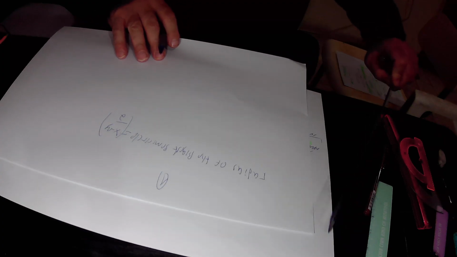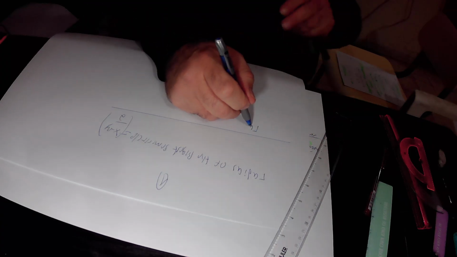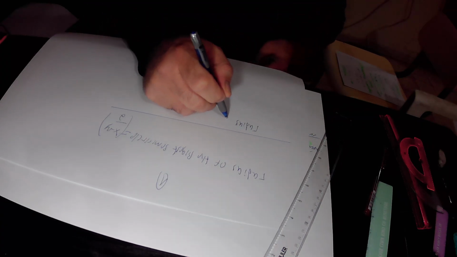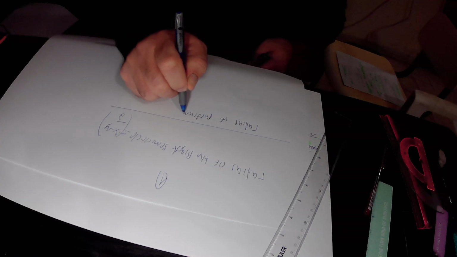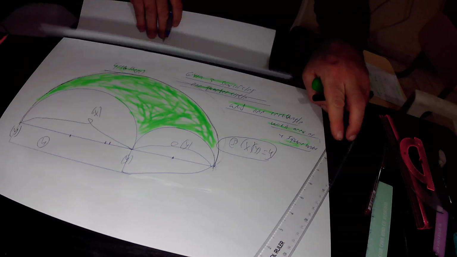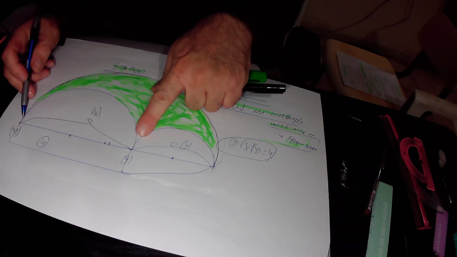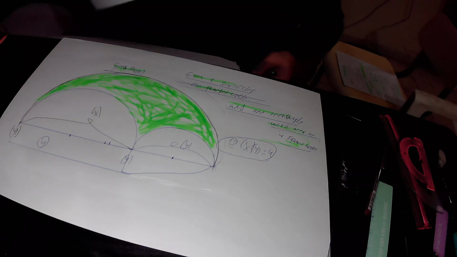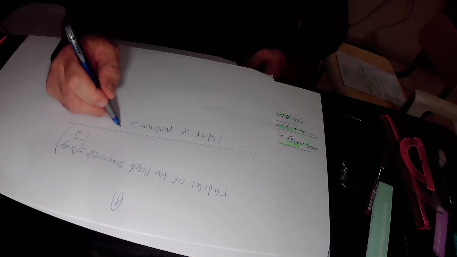Likewise, what is the radius of the medium semicircle? The radius of the medium semicircle is equal to the diameter over 2. The diameter is x, therefore the diameter over 2 is x over 2. The radius of the medium semicircle equals x over 2 units in its length.